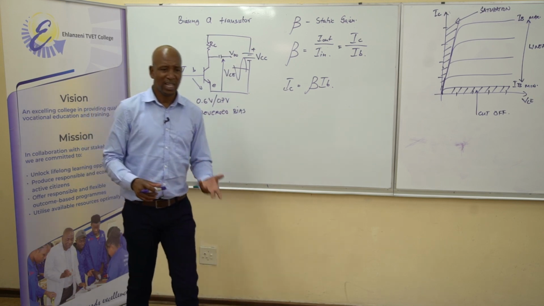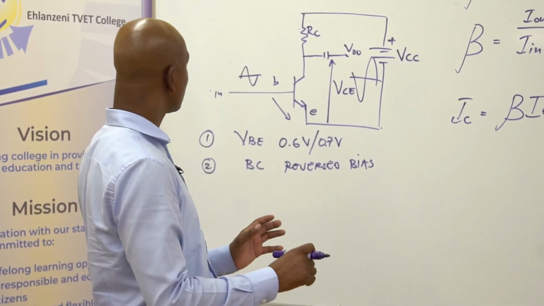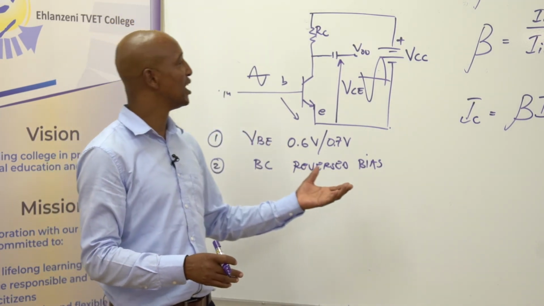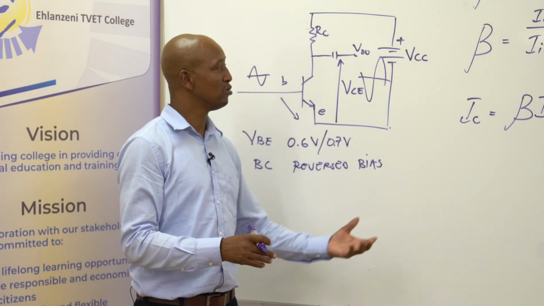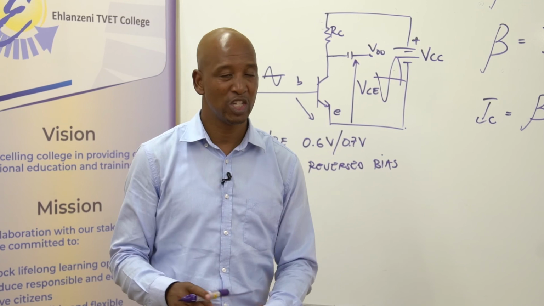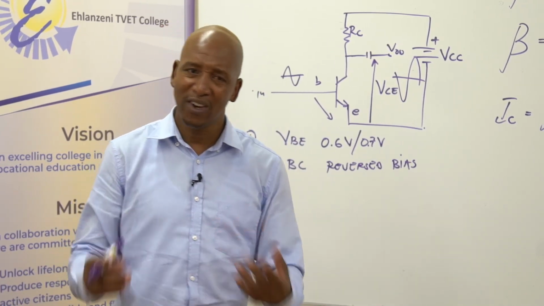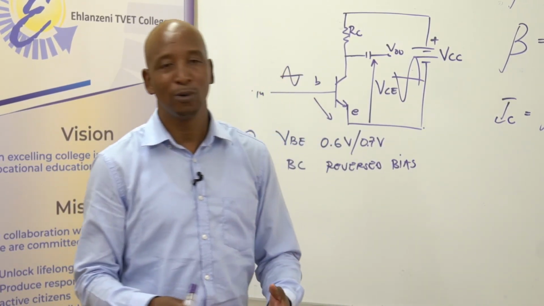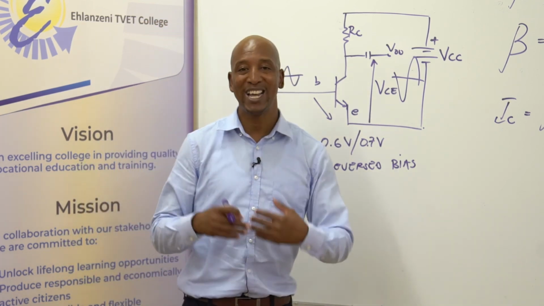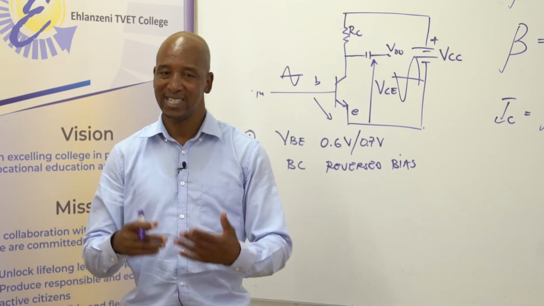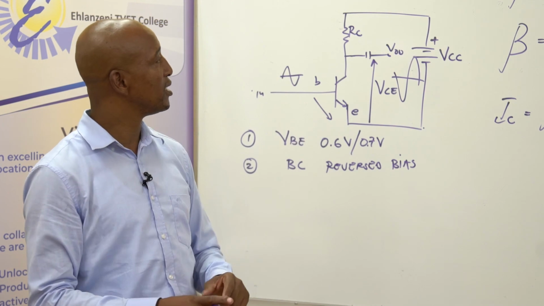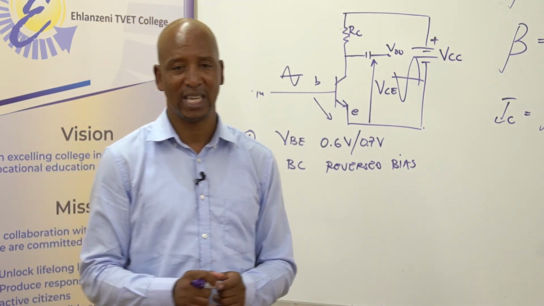Since we've got this understanding of the transistor, it will now be easy for you to answer all those questions in the examination, and to understand the amplifier on its own, because just preparing for the exam alone is not enough for electronics. You need to go deep and understand how you will be tackling amplifier circuits.